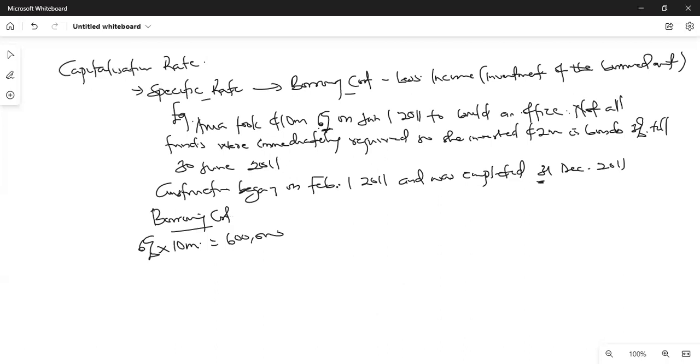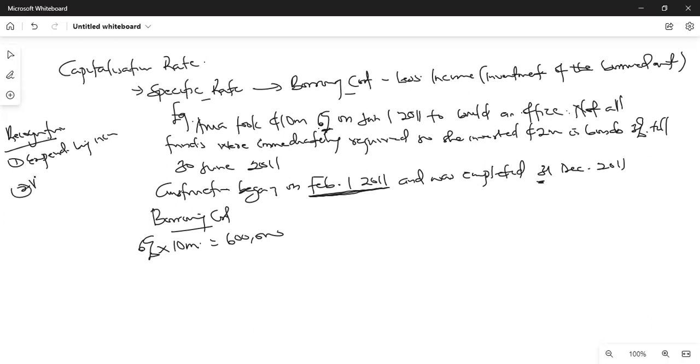Now, like I said, we need to really check the timing of what we are doing. If you check the question, it said construction began on 1st February. So in terms of trying to identify this, we need to go back to the recognition criteria. Number one, the expenditure has been incurred.